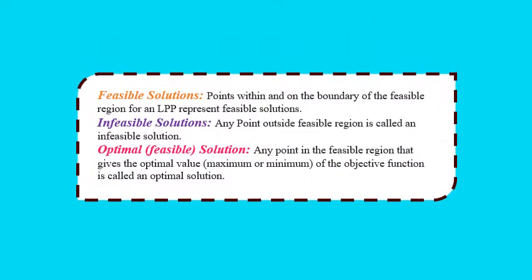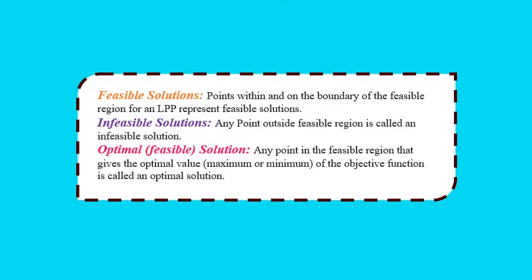Next we have feasible solution. Points within and on the boundary of the feasible region for an LPP represent feasible solutions. So we got that common region, and the points on the boundary or inside that region are called feasible solutions for the LPP. Infeasible solution means any point outside of the feasible region. Optimal feasible solution.